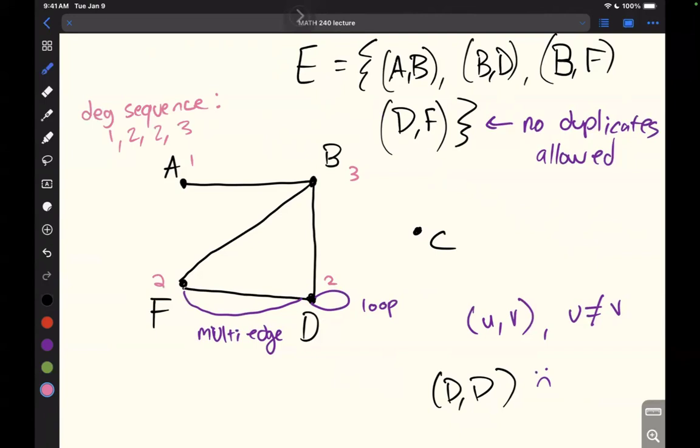Question? If we were counting as a multigraph, shouldn't the loop only count as one line? Right, so yes, it is one line, it is an edge, but because it leaves D and comes back to D, it counts as 2 for the degree.